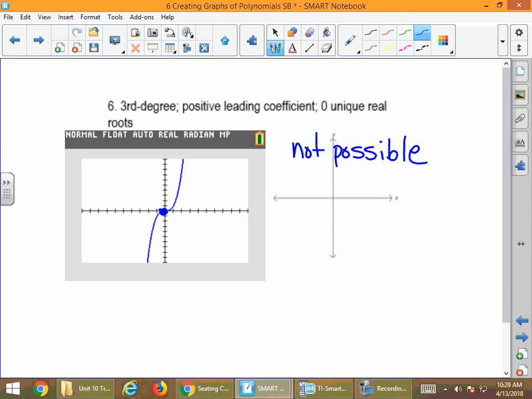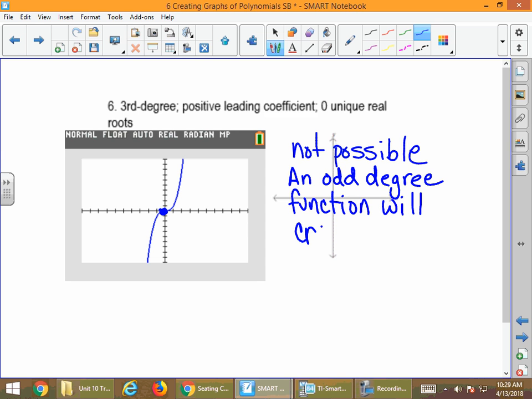In fact, an odd function will cross the x-axis at least once. So I'm going to say that. An odd degree function will cross the x-axis. And unfortunately, there is one exception to that, but almost always an odd function is going to cross. So we'll look at the odd function with the one exception here momentarily.